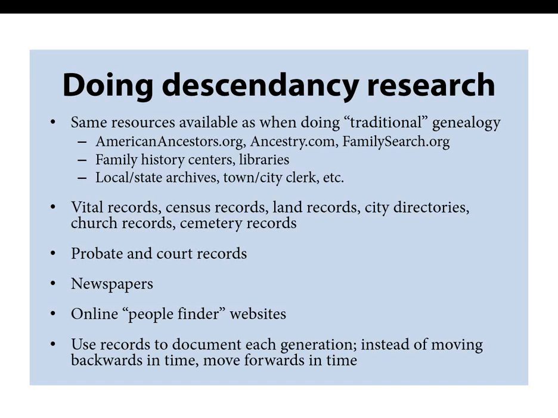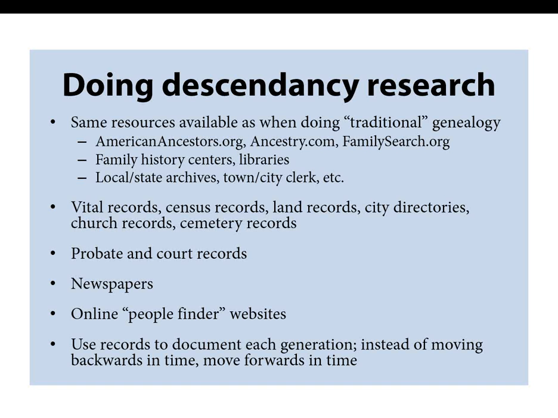You're going to be using a lot of the same types of records as when you do traditional genealogy as well. Vital records, census records, land records, city directories, church records, and cemetery records are all great resources for this type of research. There are a few types of records that can be really, really important to descendancy research, and I'm going to focus on those in this presentation.